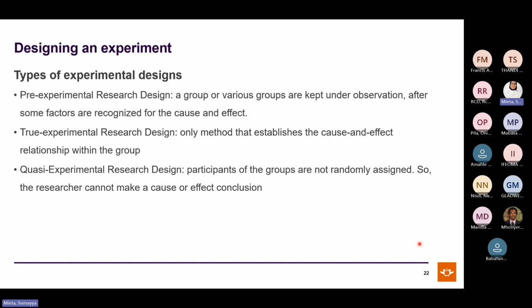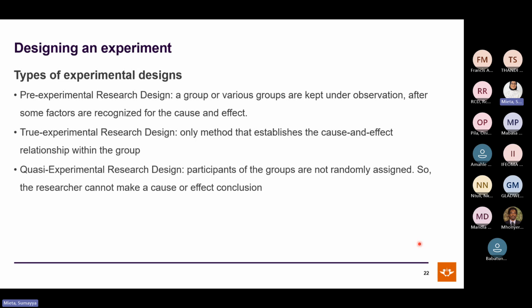pre-experimental research design, where a group or various groups are kept under observation after some factors are recognized for the cause and effect. Okay. And then we have a true experimental research design, which is what most of our experiments are. Okay.